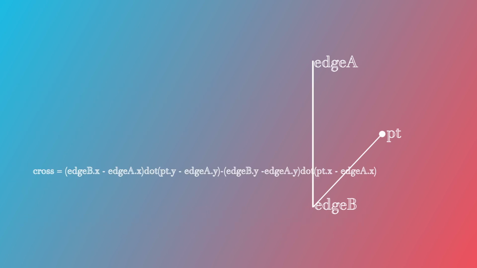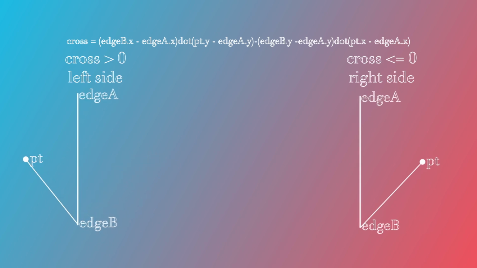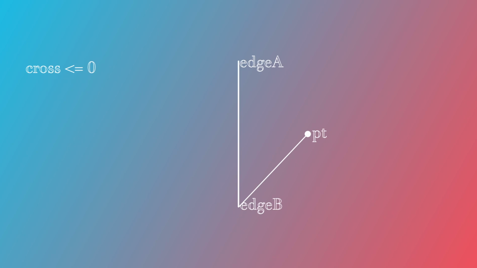The sign of this calculation tells us if our point is on the left or right side of the line. For this algorithm to work, our clip polygon must be defined in a consistent order, like clockwise. The line return cross <= 0 means we're defining inside as being on the right-hand side or on the line as we walk along the edge, which is correct for a clockwise clip polygon.